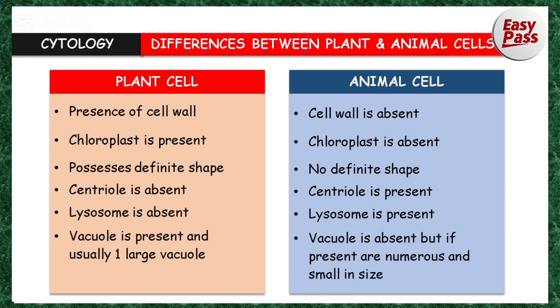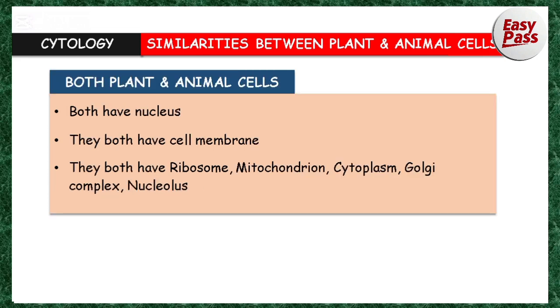So we look at the similarities now. To give the similarities, you can go in a very simple way and just list them out. So the similarities are: one, both have nucleus. They both have nucleus. Number two, they both have cell membrane.